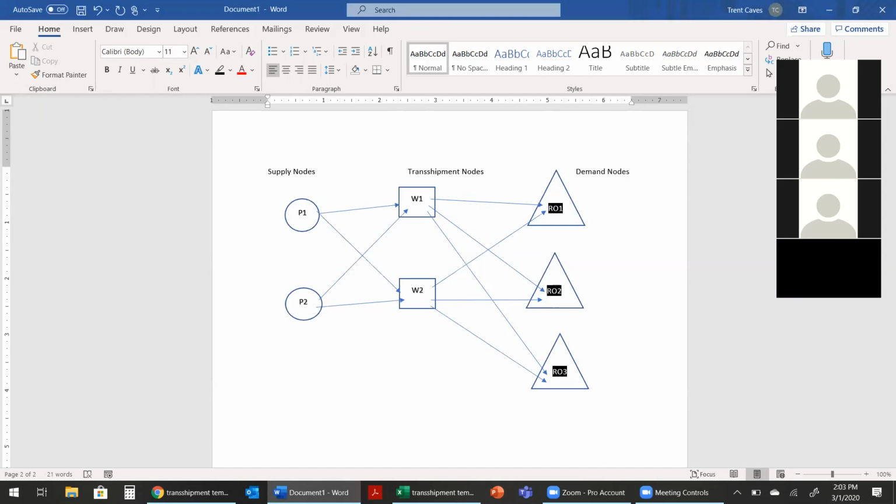And supply, transshipment, and demand, the names just describe what they do. The plants supply the product. Transshipment node is a storage facility that is the intermediary between the supply and the demand. And our retail outlets are the demand nodes. They're the units that demand our final products.